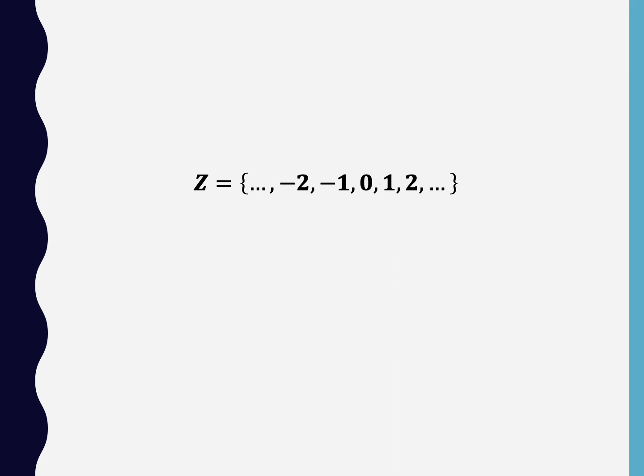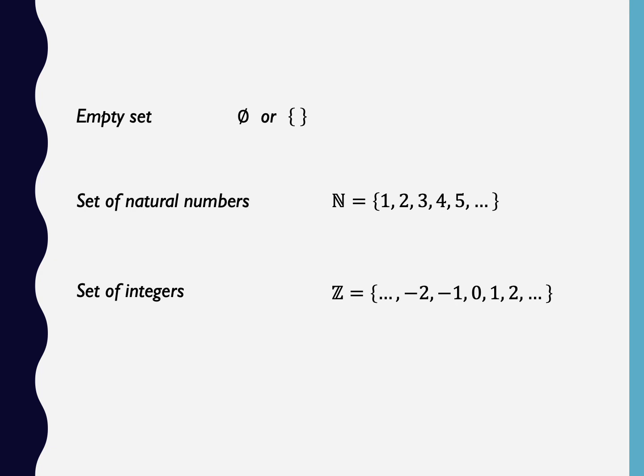Also, we have an infinite set that extends in both directions. So notice that there are continuous dots on both the left and right side of this set. This means that this set contains all integers. Here are some examples of commonly used set notations in mathematics.